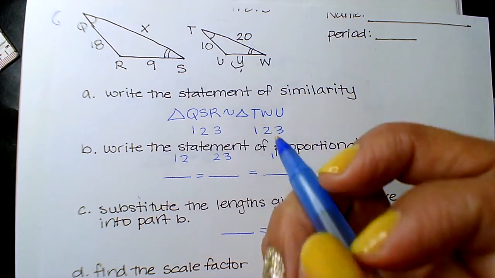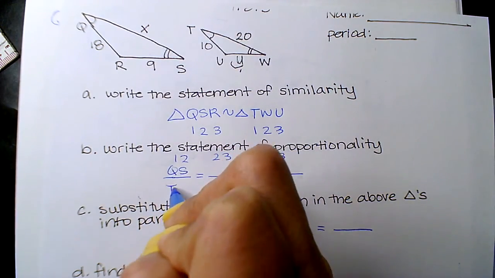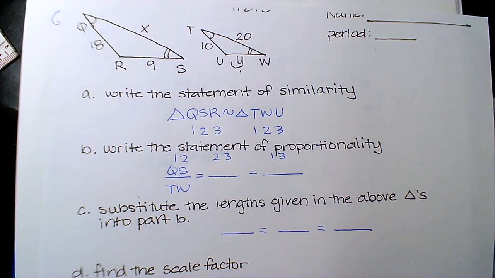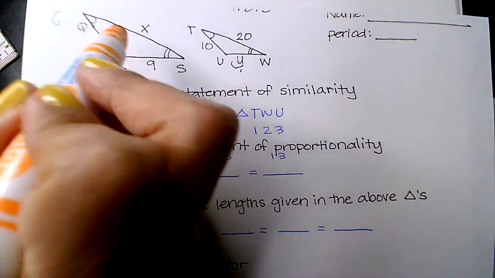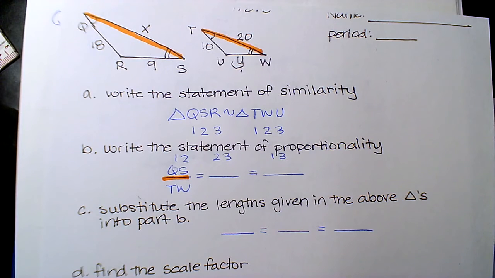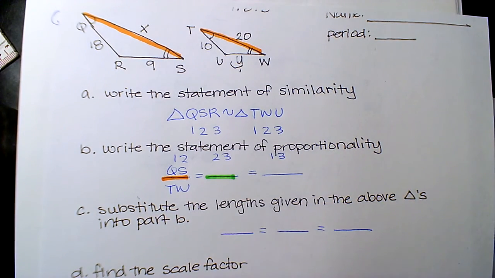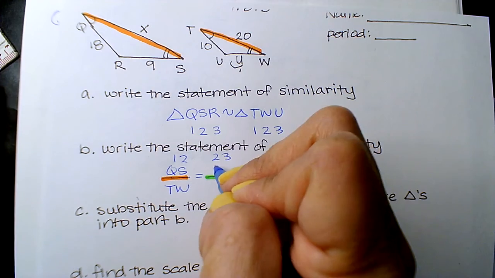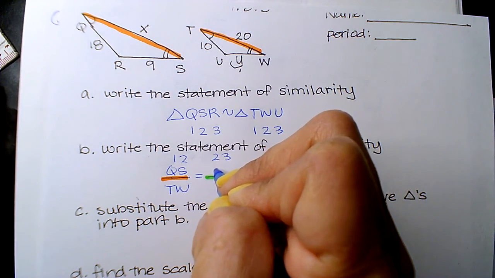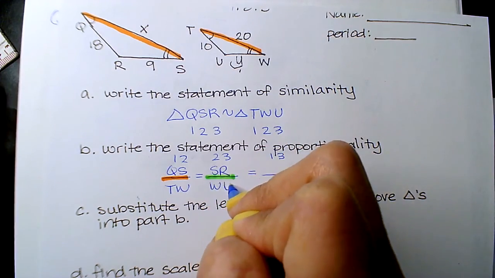So QS is going to correlate to TW, and it's not out of rotation. The top goes with the top, the bottom with the bottom, the left with the left. 2 and 3 is SR, or you can call it RS, it doesn't matter. SR and WU.